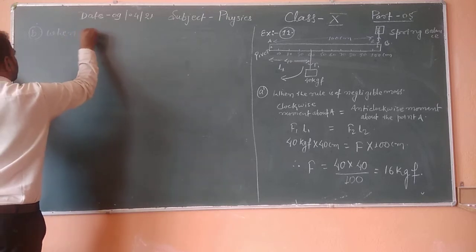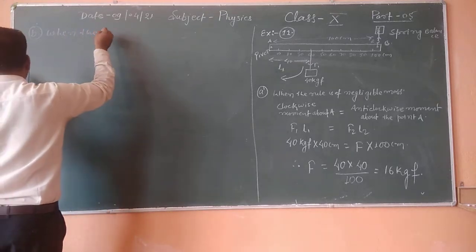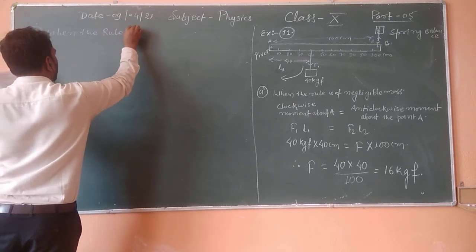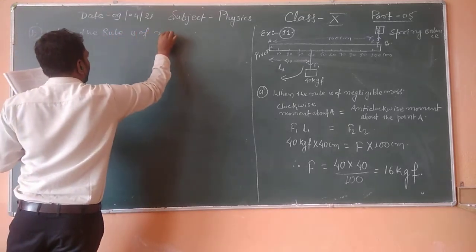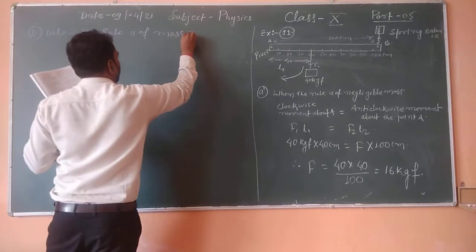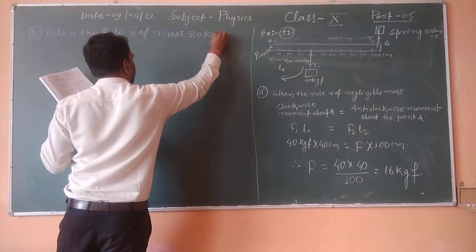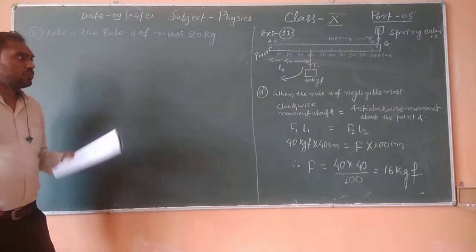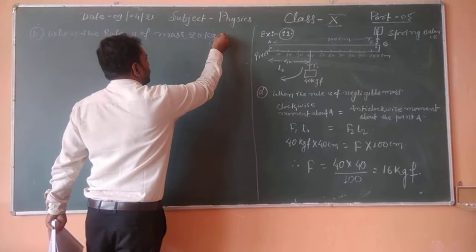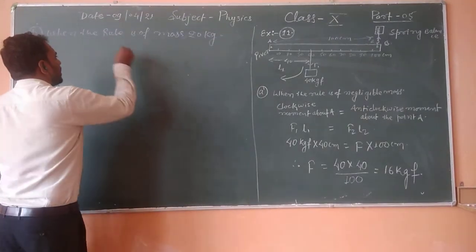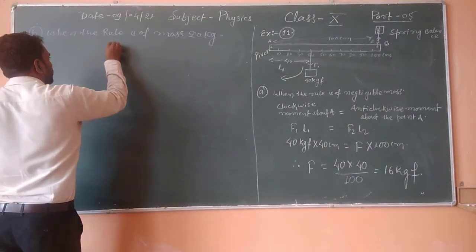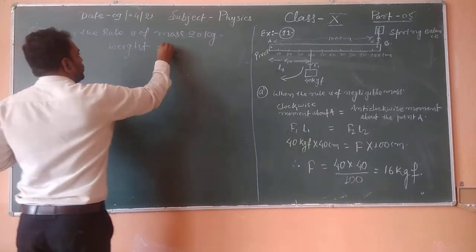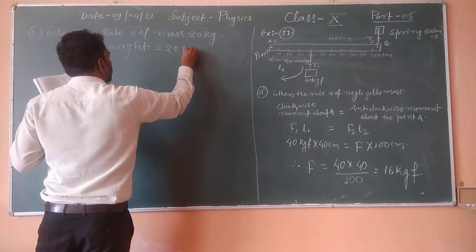the ruler is of mass 20 kg. If the mass is 20 kg, then we take its weight as equal to 20 kg.